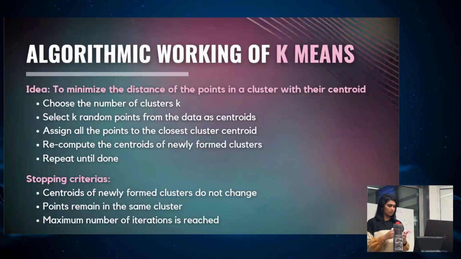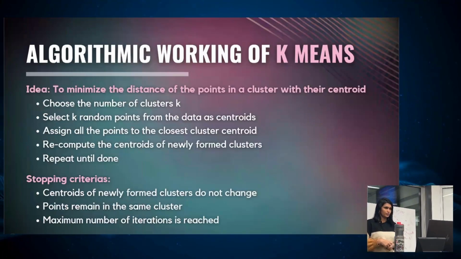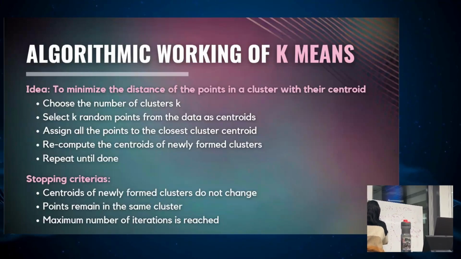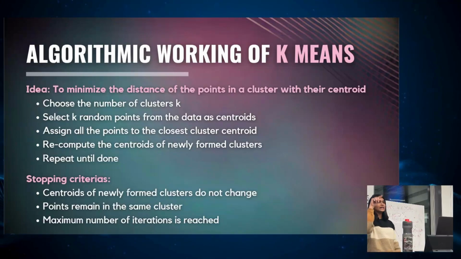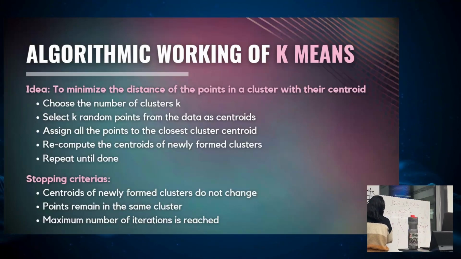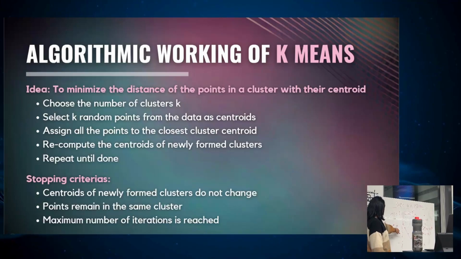Okay, now how does k-means work? So the first thing that we do is choose a random arbitrary k, and then we select k random points as centroids. We'll calculate all the distance values to that centroid, and we'll see what are the points that are closest to this cluster, what are the points closest to this cluster, what are the points closest to this cluster, and we'll assign the values, right?